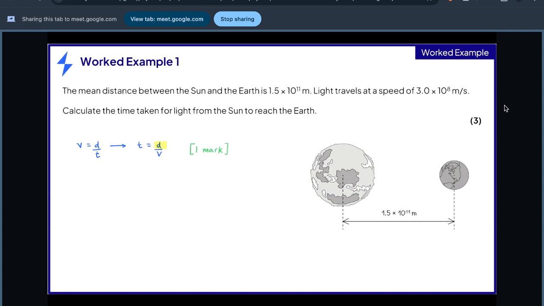If the distance from the Sun to the Earth is 1.5 times 10 to the 11 meters, and the speed of light is 3 times 10 to the 8 meters per second, then t equals 1.5 times 10 to the 11 over 3 times 10 to the 8. This gives 500 seconds, which is about 8 minutes.